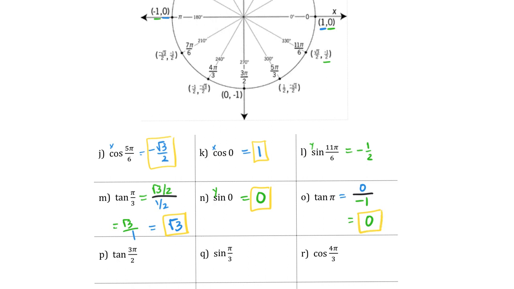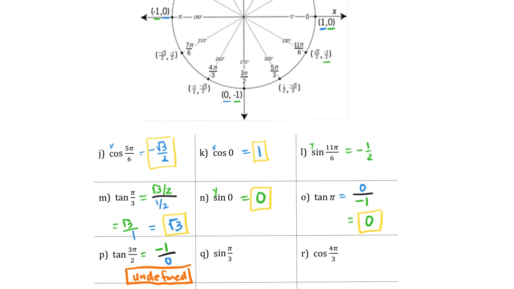Y over x. Where's 3 pi over 2? 3 pi over 2 is down here. So y divided by x. Okay, now if I do -1 divided by 0, you can't divide by 0. If you have a 0 at the bottom, it's undefined. That's why it was not in our domain when we did domain. So if there's a 0 at the bottom, undefined.